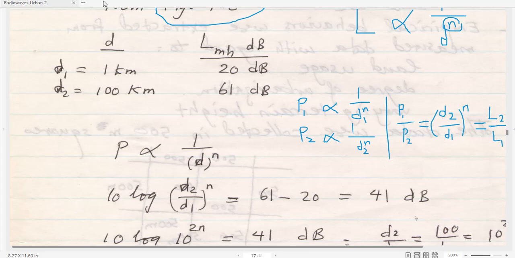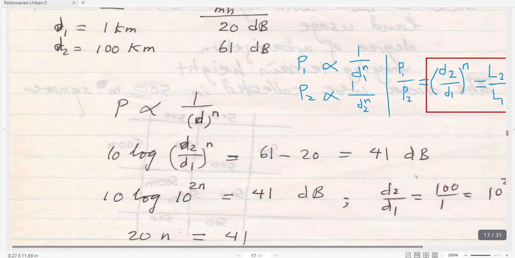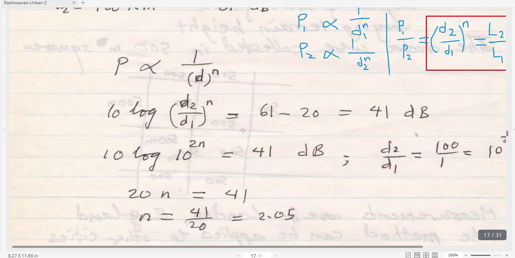If we take 10 log for both sides of this equation, we get 10 log of d2 over d1 to the power n equals L2 minus L1. L2 is 61 and L1 is 20, so this is 41. And d2 is 100 and d1 is 1, so d2 over d1 is 100, which is 10 squared.